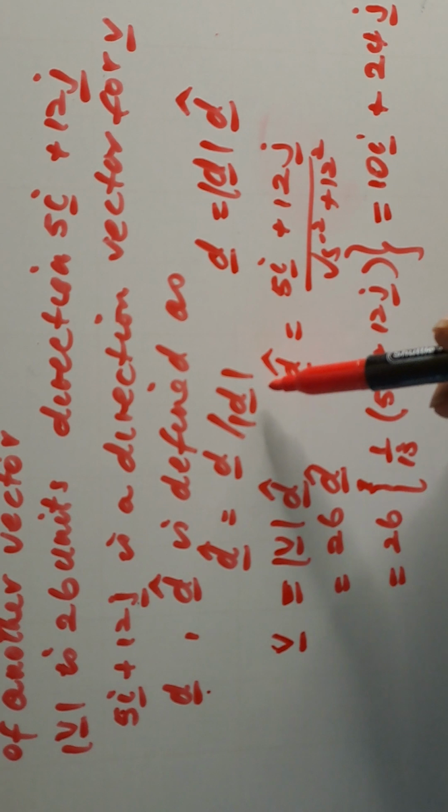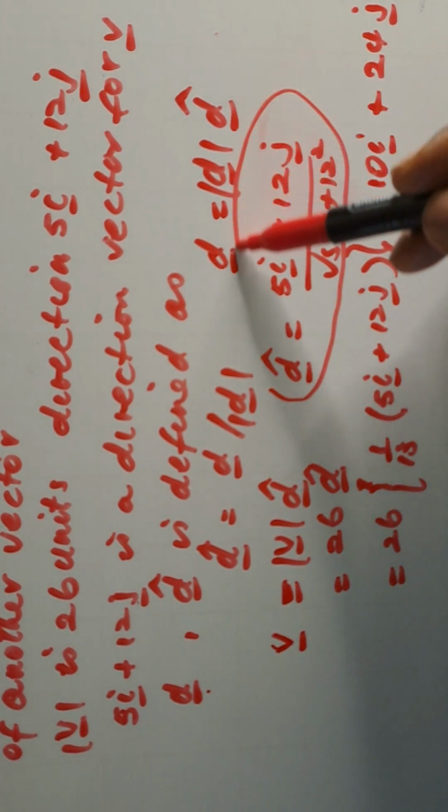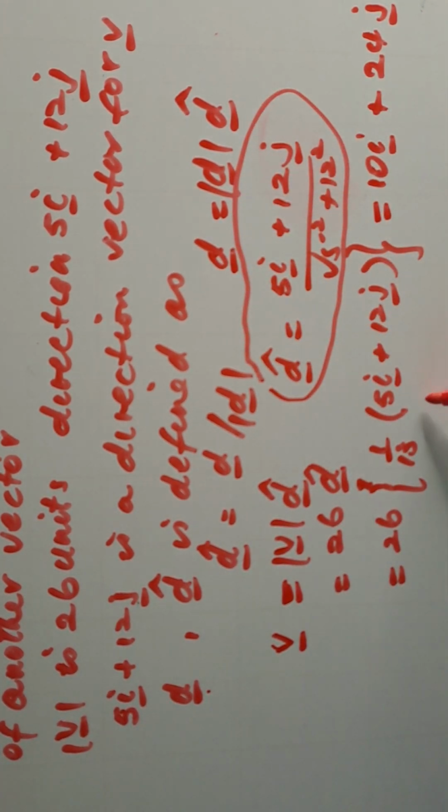We've calculated that here, which gives us what's in this pair of curly brackets, and multiplied by the magnitude it will give us the vector v, which evaluates to 10i + 24j.